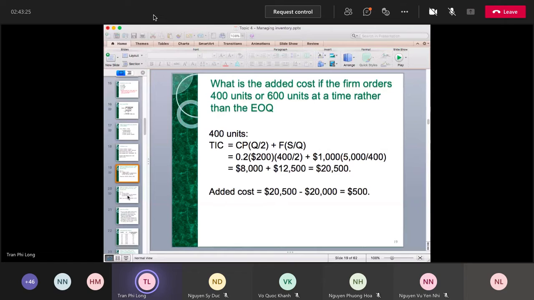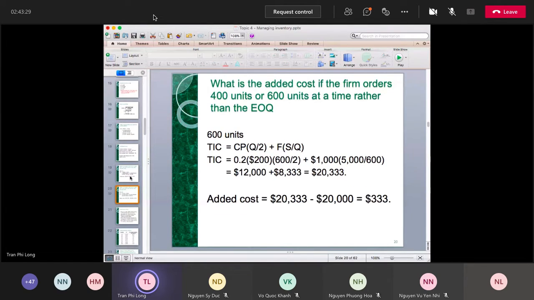Now let's see what happened if you order at a level higher than the optimal point. You can calculate the added cost in the same manner, and you will find out that the total inventory cost will be 20,333.